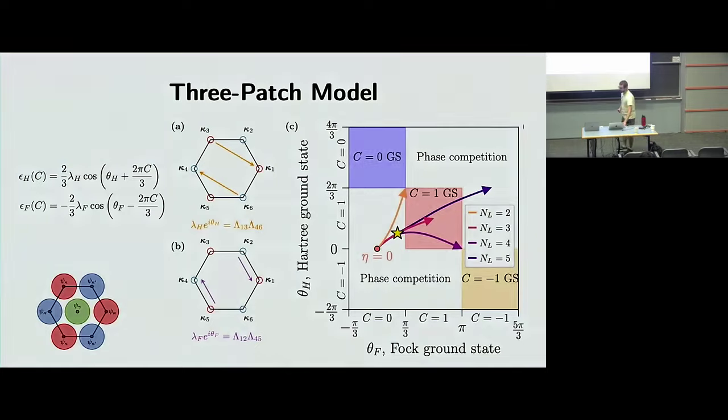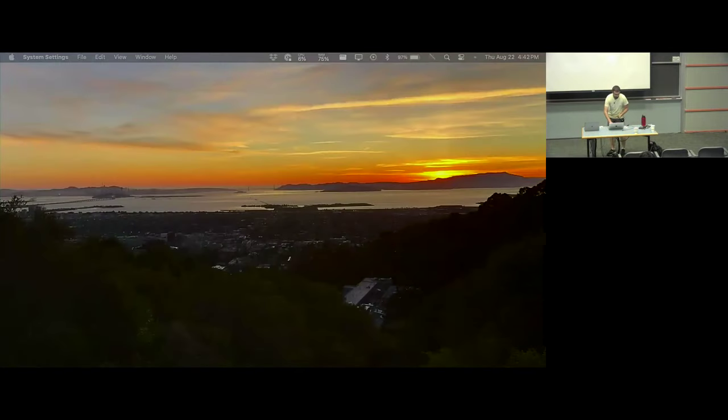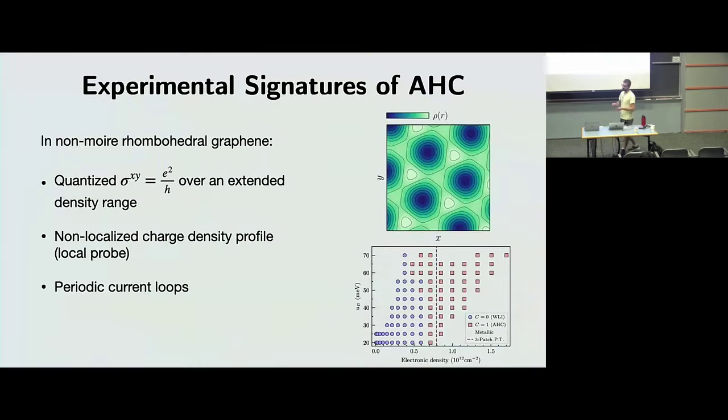What we can do, though, is solve this minimal model and then go and check in Hartree-Fock with all the Brillouin zone and all the bands. And there we find that we only get Chern 0, Chern 1, or a metal. I've drawn the transition here in this dashed purple where we would expect the crossover from 0 to 1 in the three-patch model. And you can see it pretty well matches the large-scale Hartree-Fock.